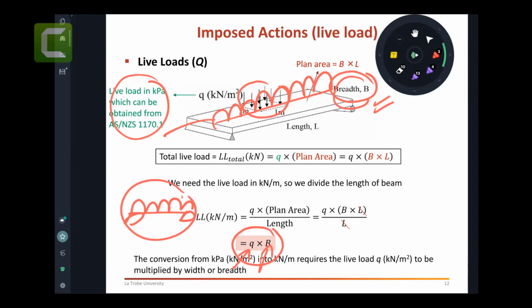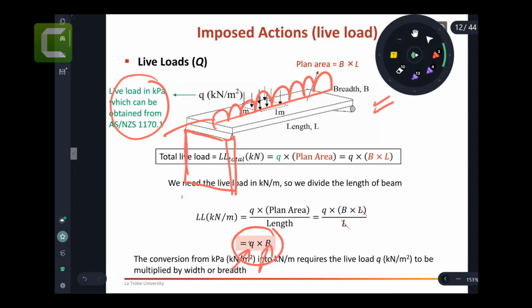What if I want to find, imagine here I've got a concrete wall. This is a concrete wall which carries the bridge. And I want then to determine this loading here.